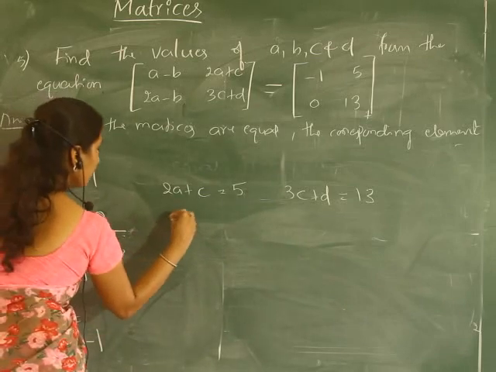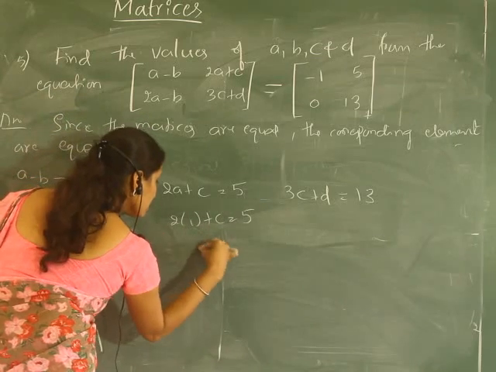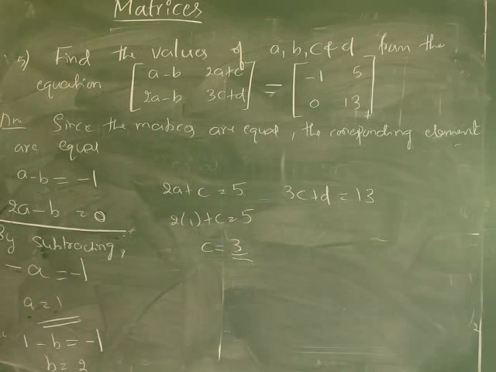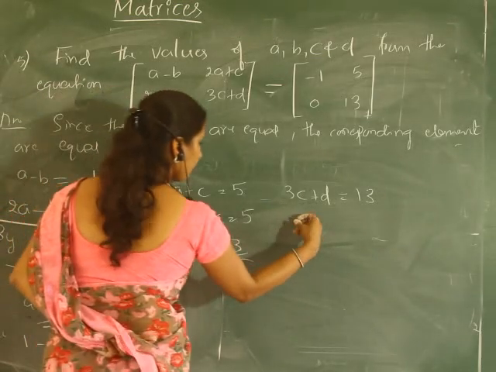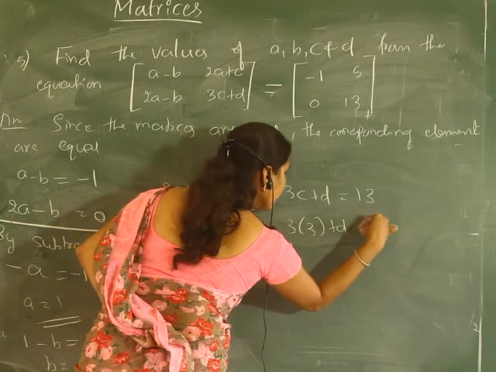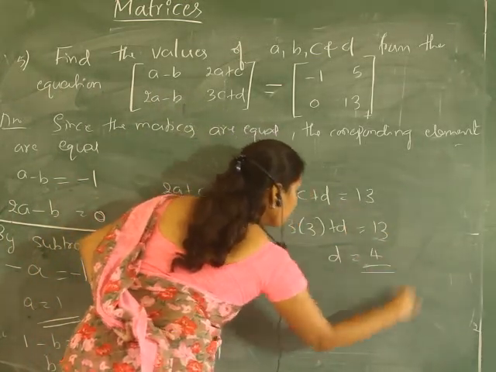Then 2 into 1 plus C is equal to 5, so C is equal to 3. Then 3C plus D: 3 into 3 plus D is equal to 13, so D is equal to 4.